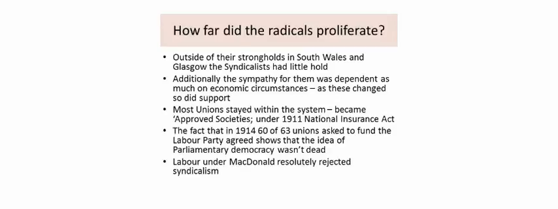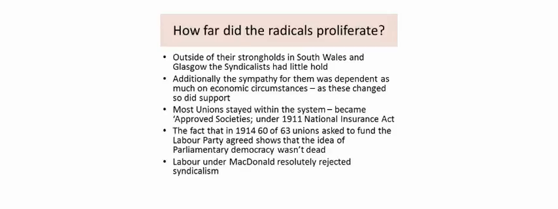So in this case, under the 1911 National Insurance Act, certain approved societies, building societies essentially, would have the right to give welfare, and many unions took up that right to give their members welfare. Now, if they were truly rebelling against the economic system led by democratic capitalism, why would they be part of it?